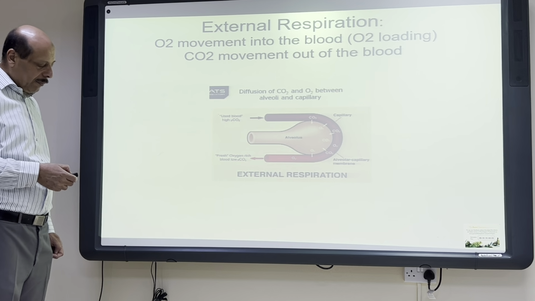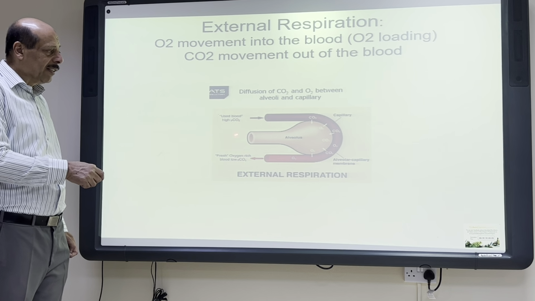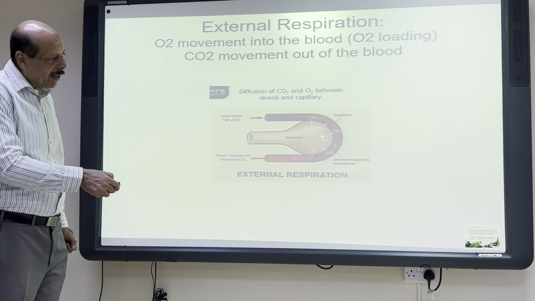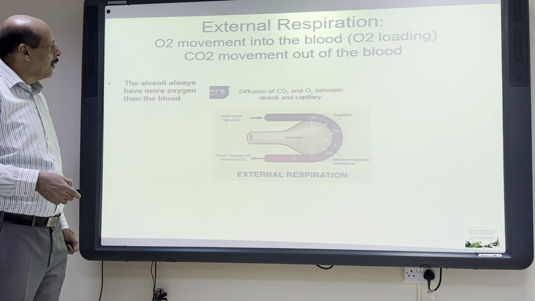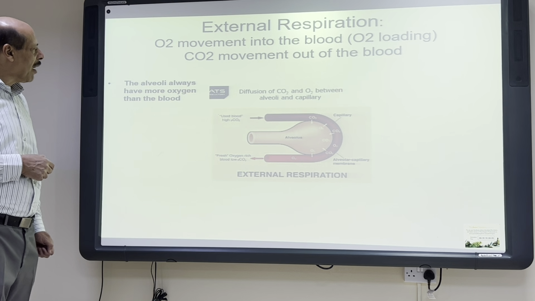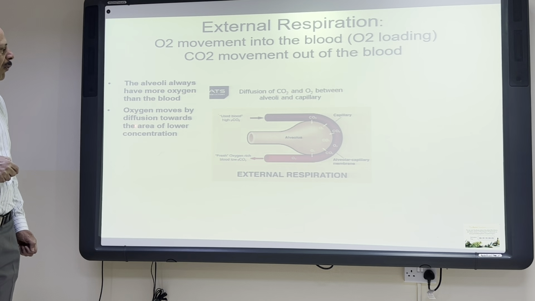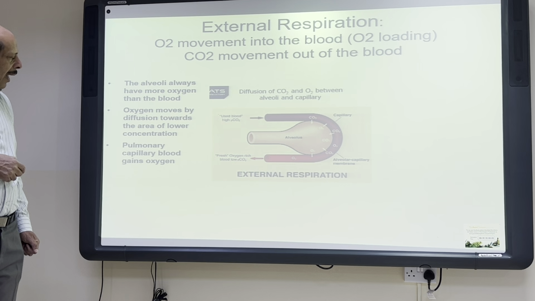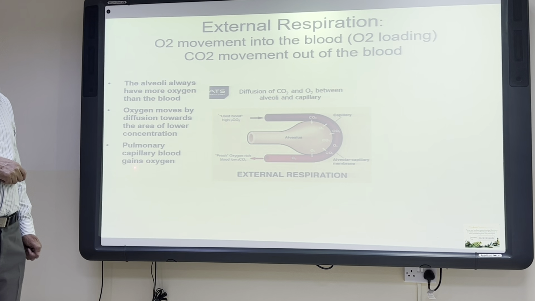So the carbon dioxide will leave out through expiration, and the oxygen will go inside to the blood. It will be exchanged with it. The alveoli always have more oxygen than the blood. The oxygen moves by diffusion toward the area of lower concentration, and the pulmonary capillary blood will gain oxygen.